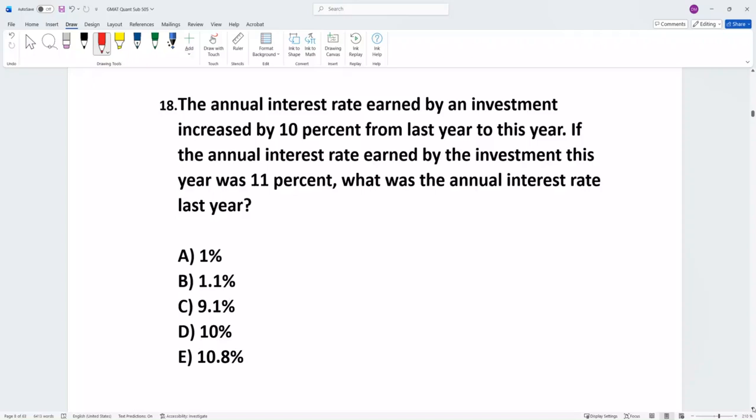If the annual interest rate earned by the investment this year was 11%, what was the annual interest rate last year? So what we can understand here is basically this phrase here. The annual interest earned by the investment this year is 11%.